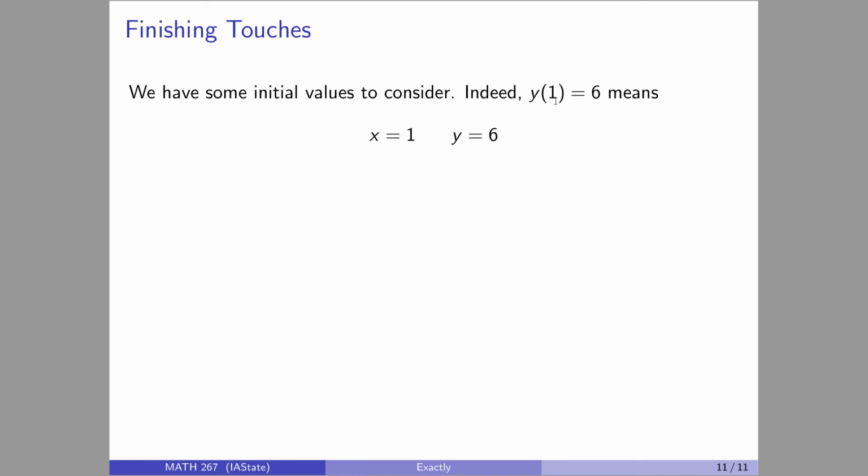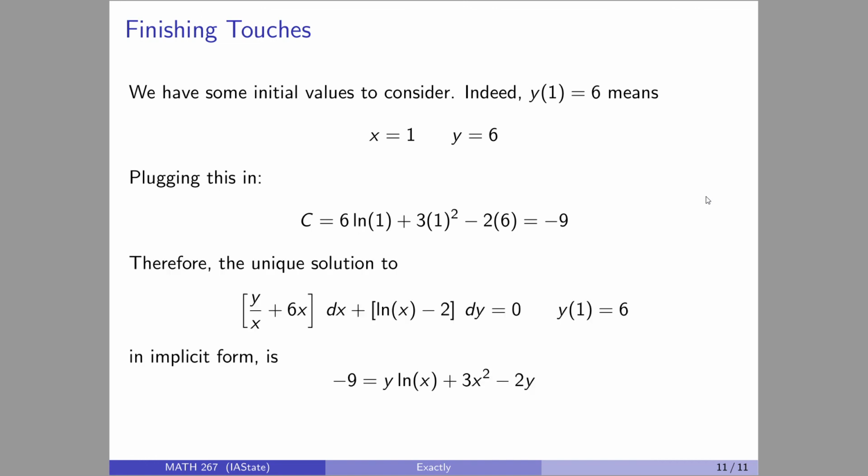So if you input 1, the input is x. When x is 1, y is 6. So if we plug that in, we'll find that c has to be negative 9, and thus the unique solution in its implicit form is given as such.